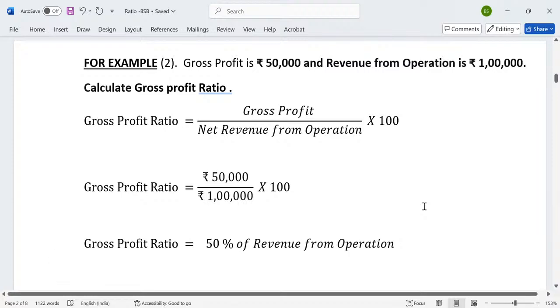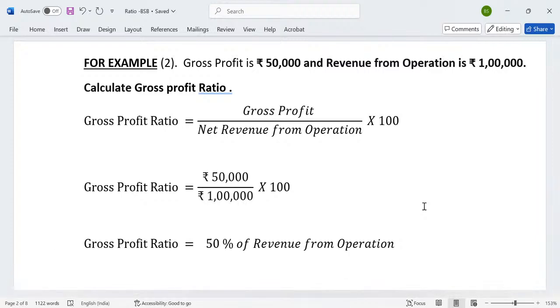Take another example. Gross profit is rupees 50,000 and revenue from operations is rupees 1 lakh. Calculate gross profit ratio. Gross profit ratio is equal to gross profit divided by net revenue from operations into 100.